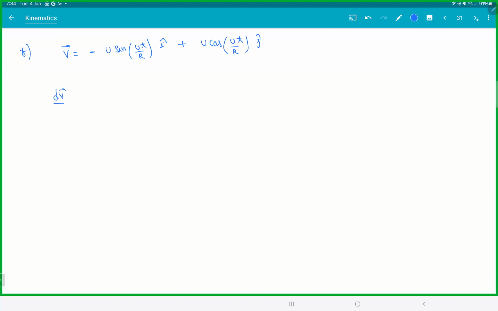We know dv by dt is nothing but acceleration. Differentiate this, you end up with minus u square by r. I'm directly writing it down. You can verify. If you're confused, please ask. This we did in differentiation.